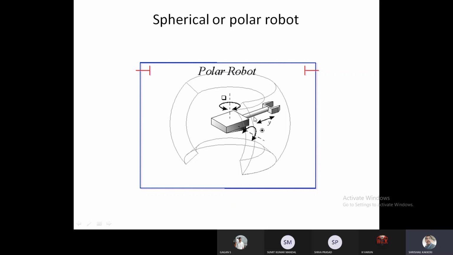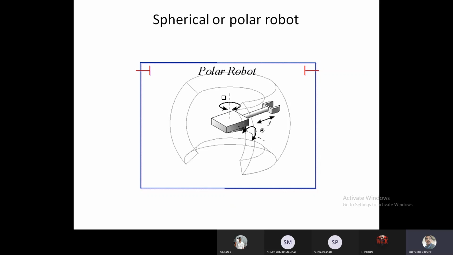It is a retraction r, and this is theta, and this will be z. R, theta, z, or you can say this as theta, this as z, it doesn't make a difference. Since the work volume generated by these robots appears to be a segment of a sphere, these robots are called spherical or polar coordinate robots.